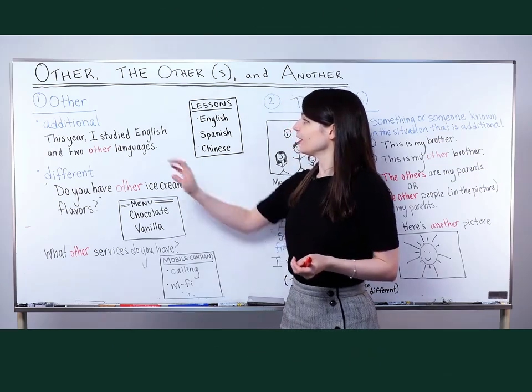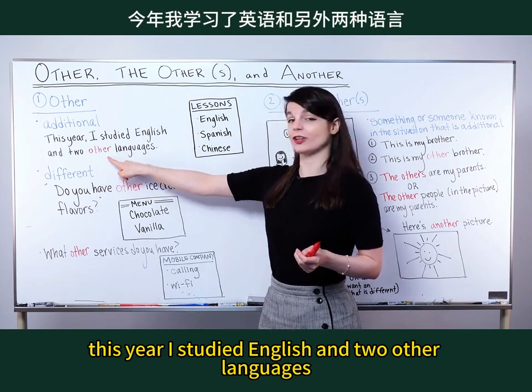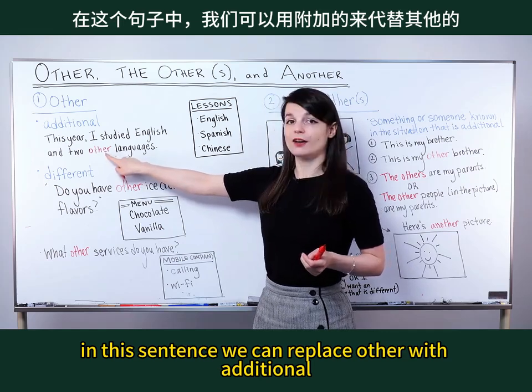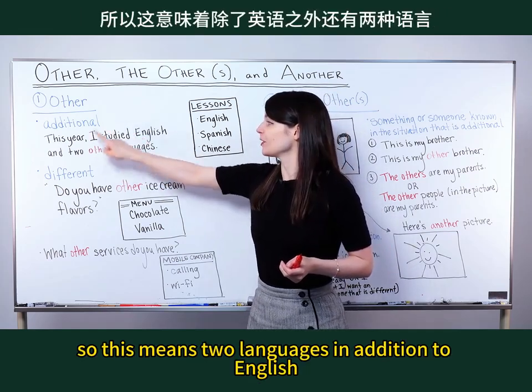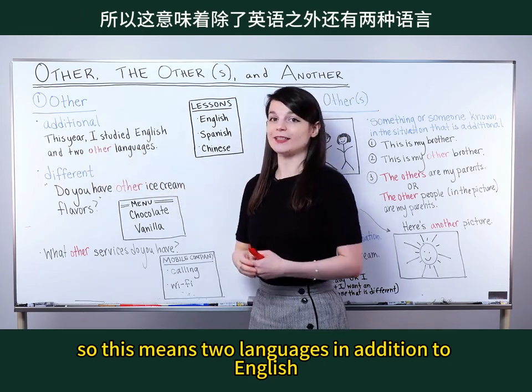For example, this year I studied English and two other languages. In this sentence, we can replace other with additional. So this means two languages in addition to English.